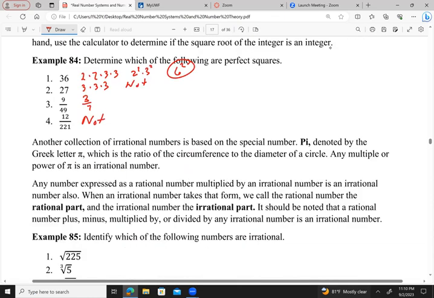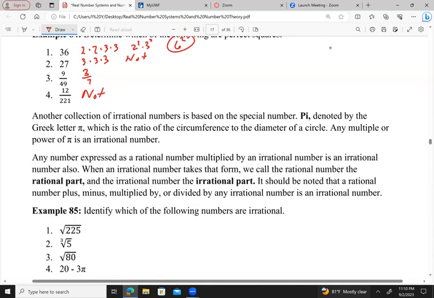Another collection of irrational numbers is based on the special number pi, which is denoted by the Greek letter pi. This is the ratio of the circumference to the diameter of a circle. Any multiple or power of pi is an irrational number.